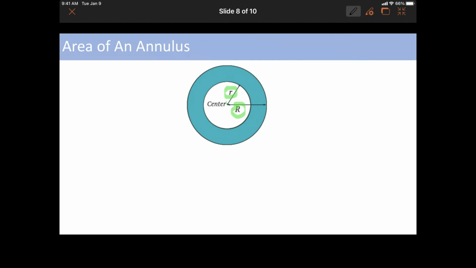So it's the area of the big circle minus the area of the little circle, right? So if you can even just write that, then you can write a more specific formula.